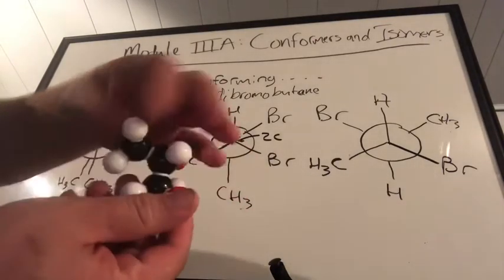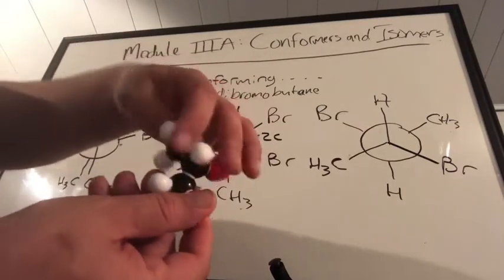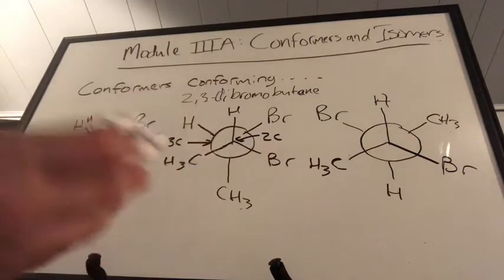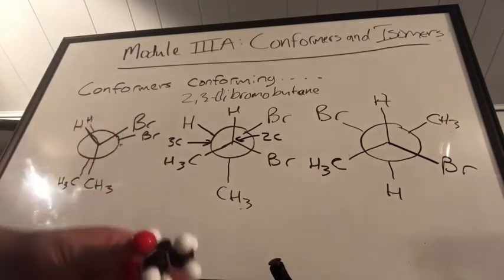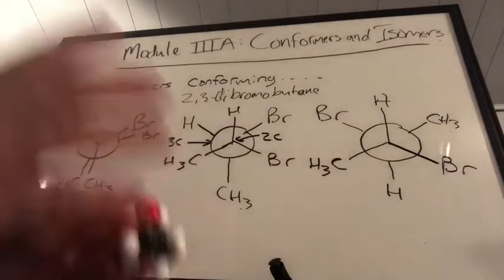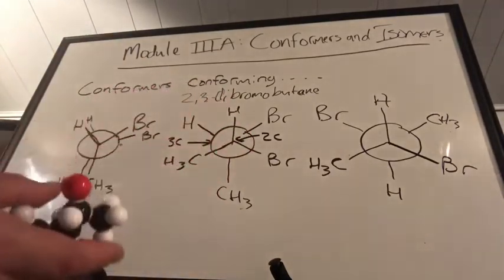So if I flip it upside down and show you here how it's twisting and twisting and twisting, that's just to indicate that there is no bond breakage. There's merely bond rotation about a sigma bond, right?